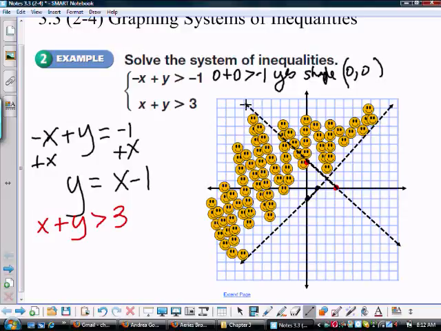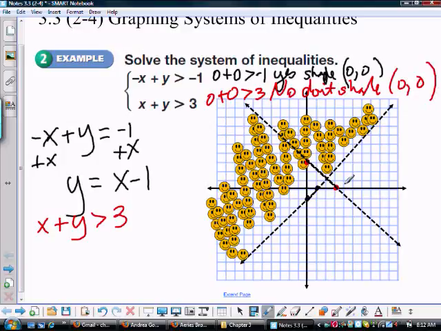And now I'm going to test the point 0, 0 on that line. Is 0 plus 0 greater than 3? No. So we don't shade 0, 0. Okay.